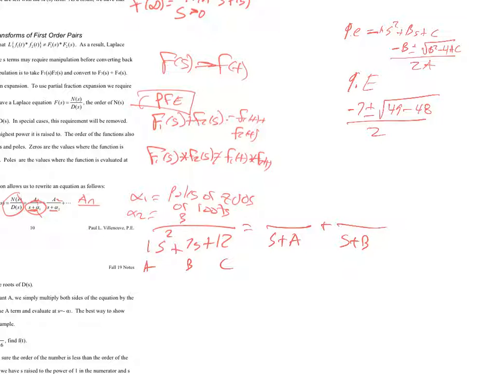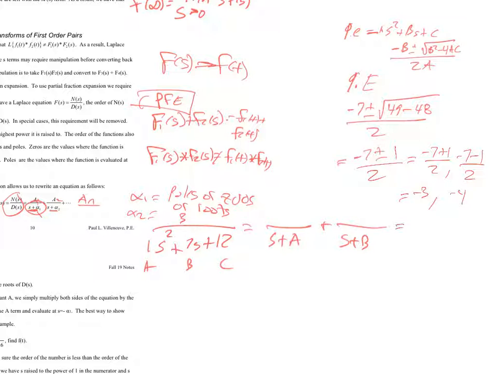So this is equal to negative 7, plus or minus, what's the square root of 1 equal to? 1, all over 2, which is equal to negative 7 plus 1 over 2 is the first root, and negative 7 minus 1 over 2 is the other one. So that's going to be equal to negative 6 halves, or negative 3, and negative 8 halves, or negative 4.